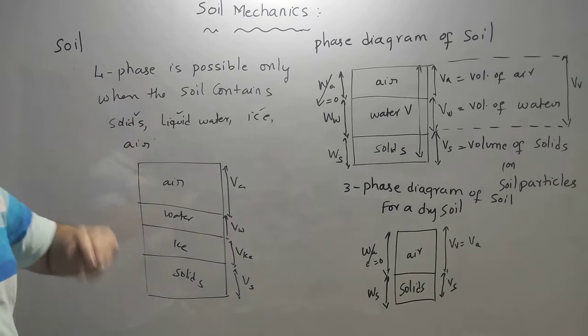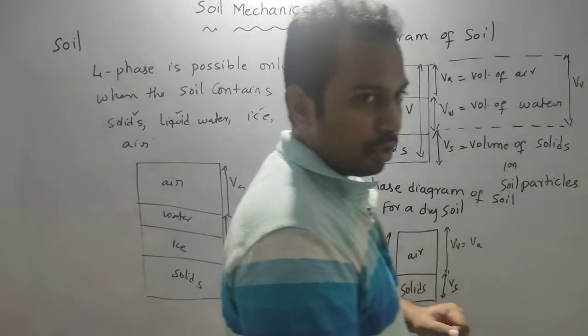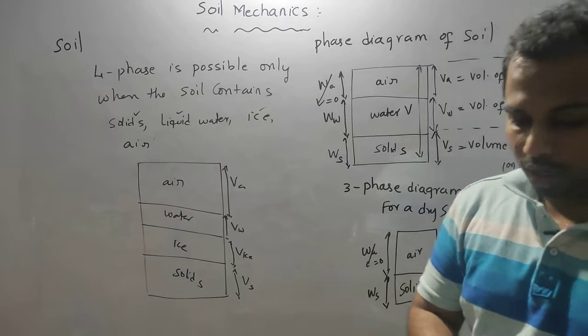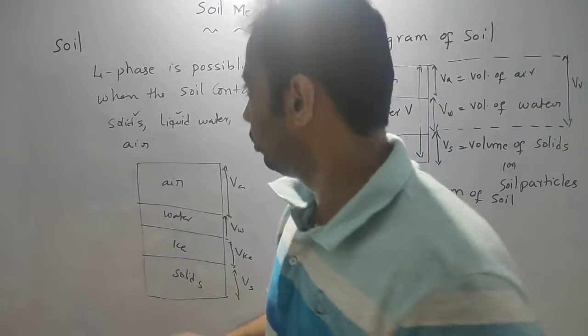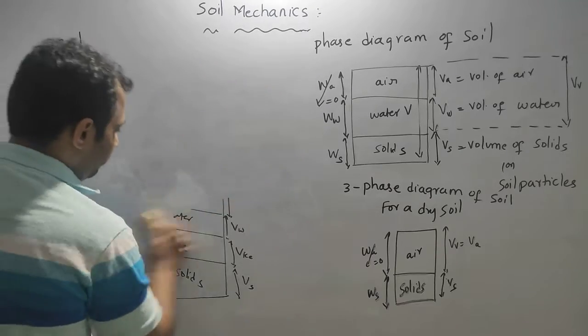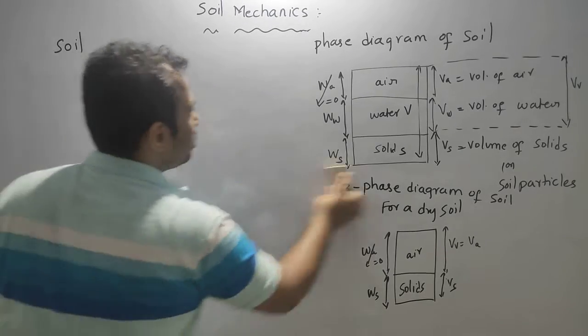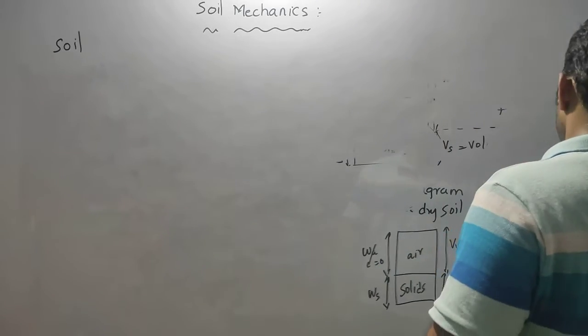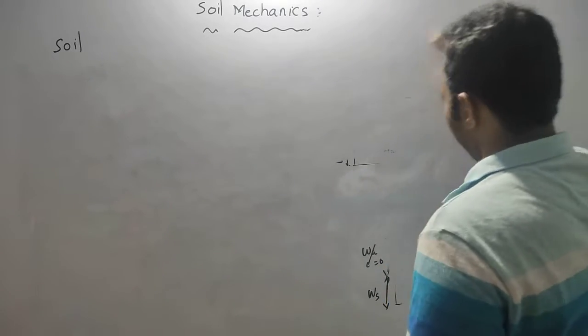So these are the phase diagrams. Now, using these phase diagrams, we will derive some properties of the soil. Let us see what are the properties we are going to derive. See, first one is the void ratio. So what is meant by void ratio?